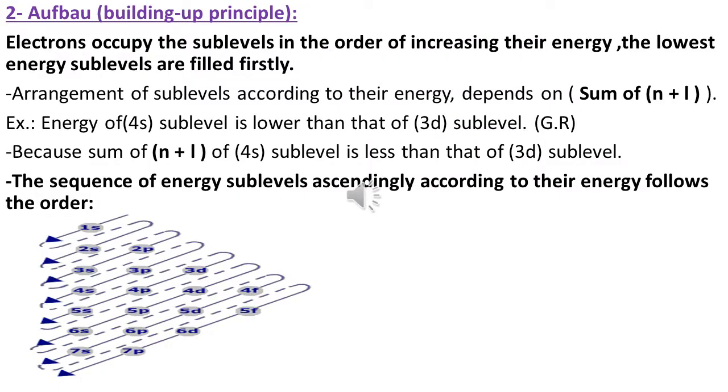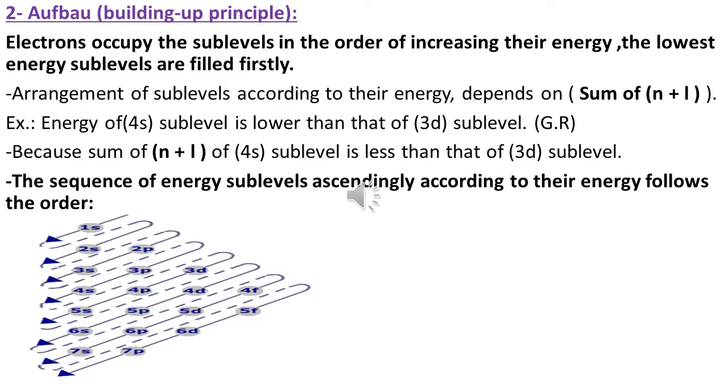Number 2, Aufbau or building up principle. We must occupy the electrons in the sublevels in order of increasing energy, so the lowest energy sublevels are filled first. The arrangement of the sublevels is according to the summation of n plus l.